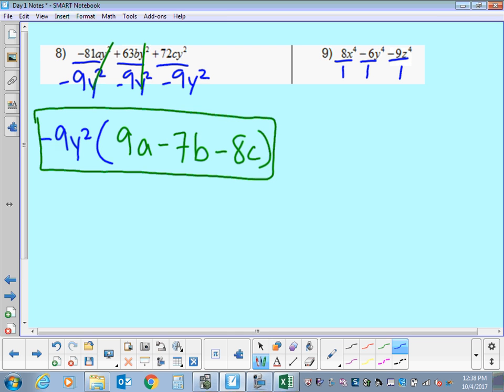If your GCF is just 1, your answer is prime. Because if you wrote it over, you would write 8x to the 4th minus 6y to the 4th minus 9z to the 4th. You would just be rewriting your whole answer. That means it is prime. Okay?